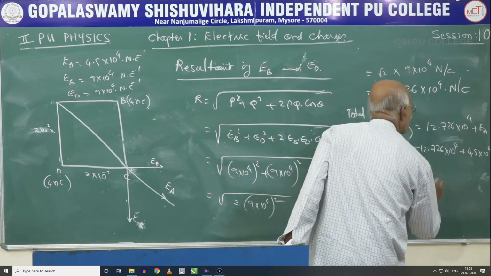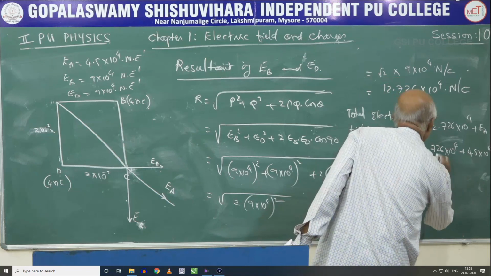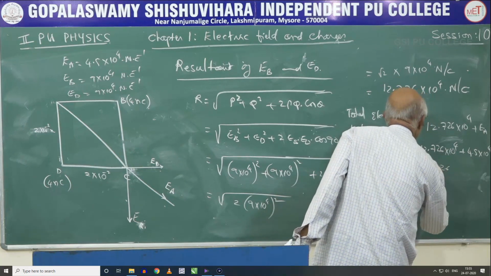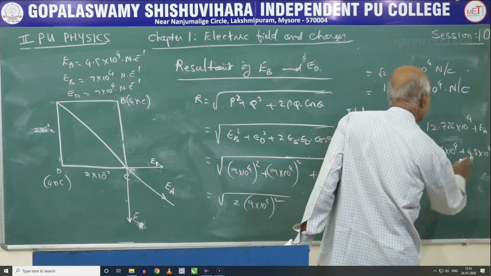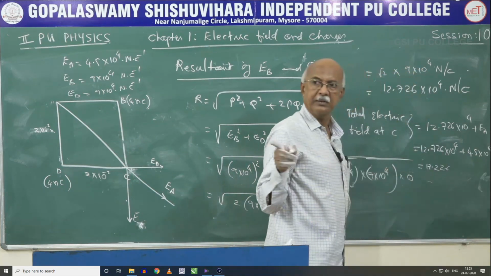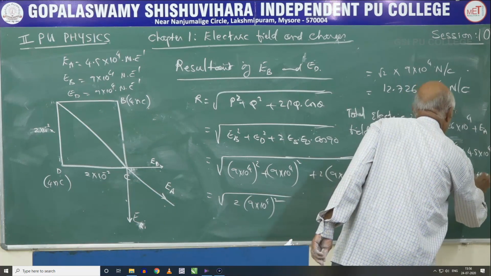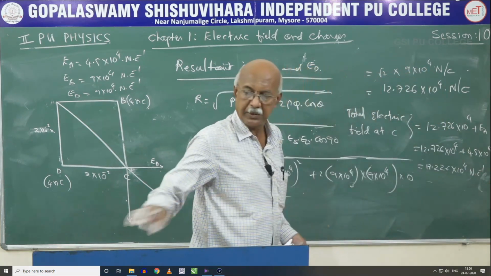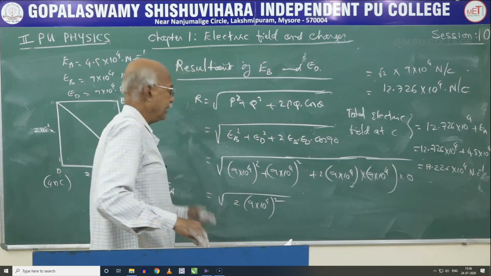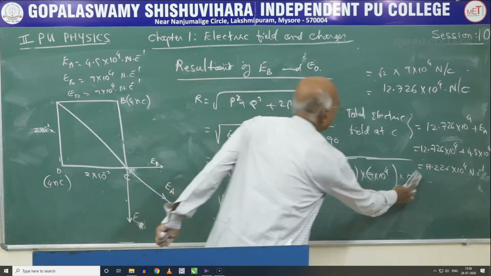So this is equal to 17.226 into 10 to the power of 4 Newton per Coulomb, and it will be along the same direction. This is how the problem is to be solved.